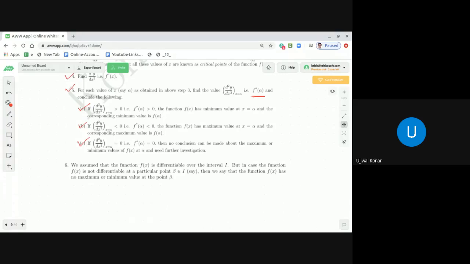Okay, so point 6 is not that important because our assumption is that the function is differentiable. But if we find that at a particular point of the interval the function is not differentiable, then we can say the function has no maximum or minimum value at that point beta.